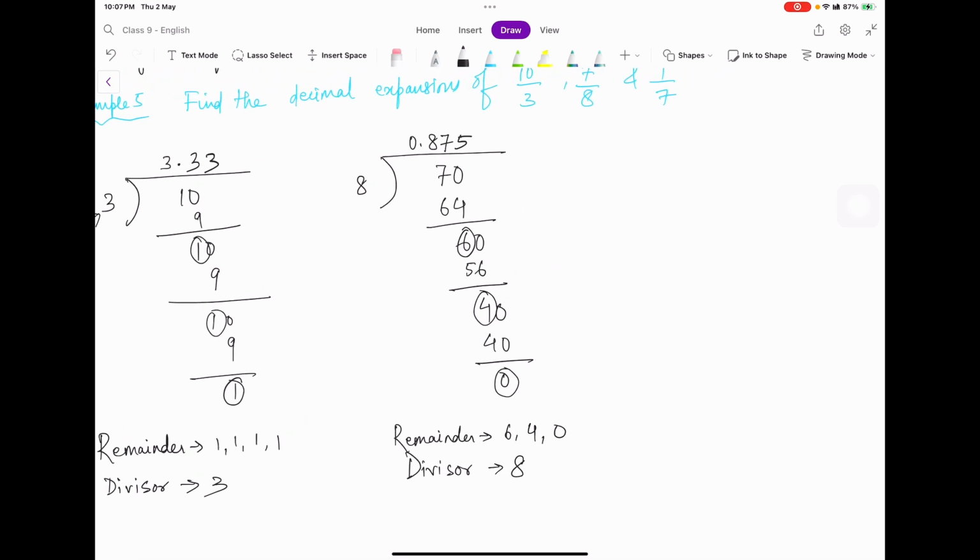Now see, we will do 1 by 7. You cannot do the division, so you will put a decimal and add a 0. 1, 7, and 3 is the remainder.